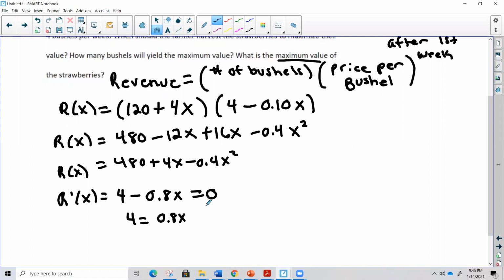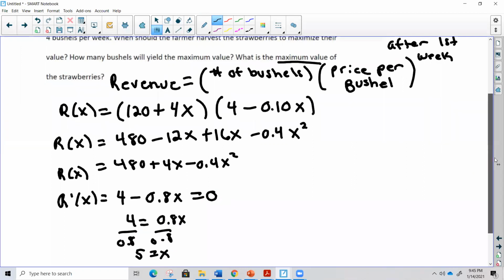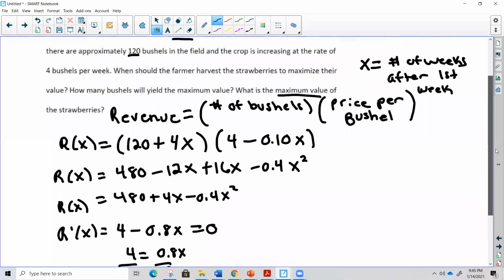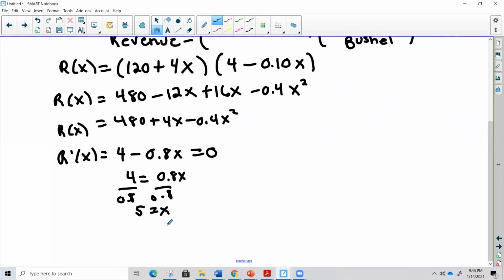I'm going to do 4 divided by 0.8. And I get x is equal to 5. So that means it's 5 weeks after the first week. So we're really looking at the 6th week of harvesting.